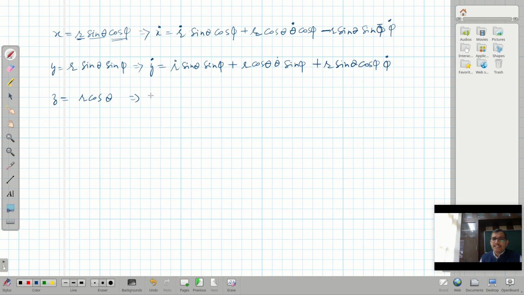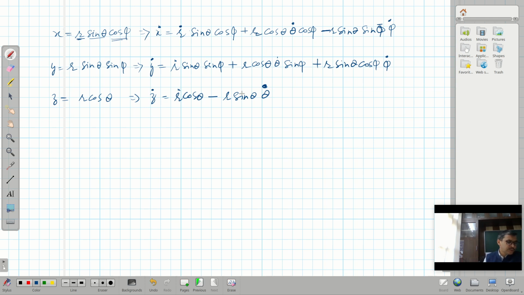And z dot can be written as r dot cos theta minus r sine theta theta dot. So these are their derivatives.